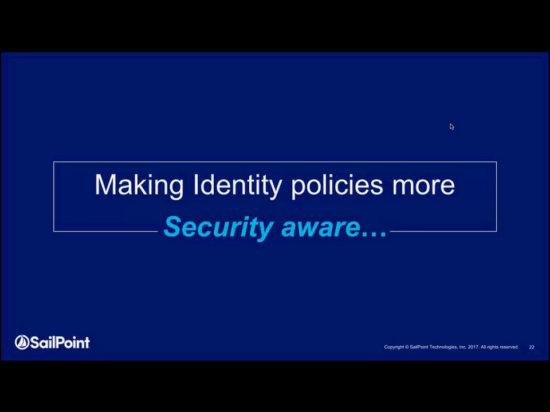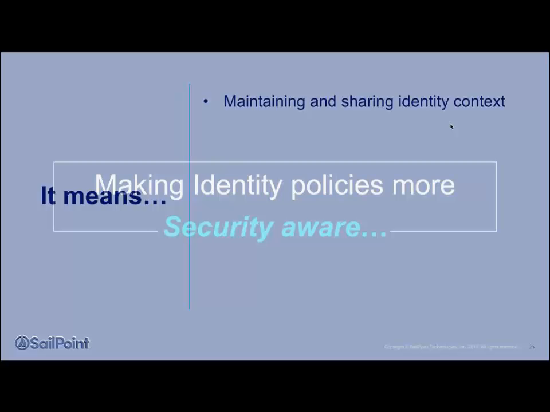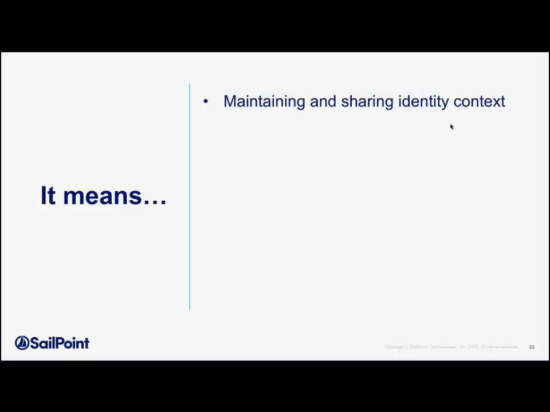And on the other side of it, making identity policies more security aware. This is a bidirectional relationship. Making an identity-aware infrastructure statement means both sides of that. So to give it a nice bullet-pointed list, it means understanding and sharing that thing that we've just described as identity context.